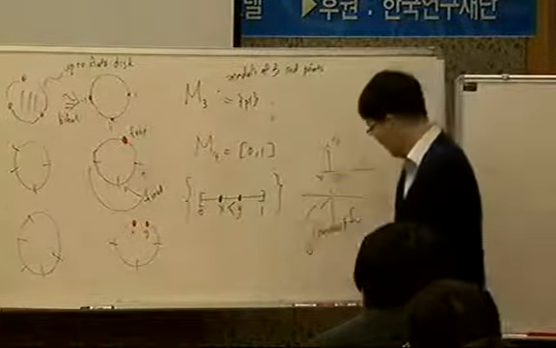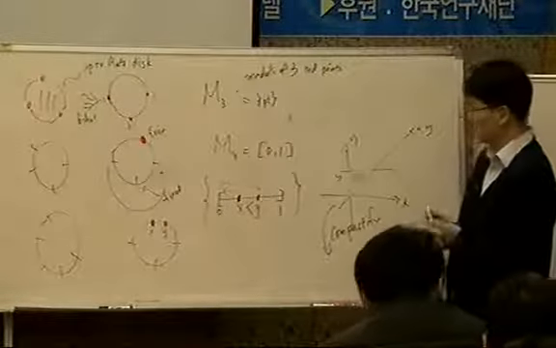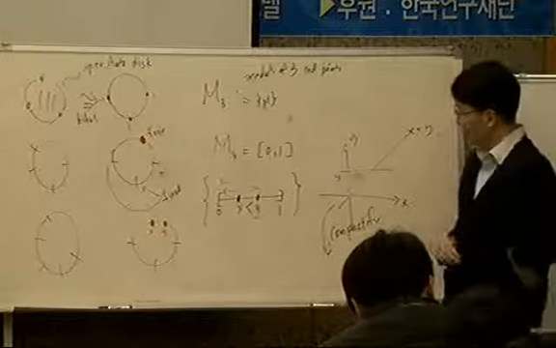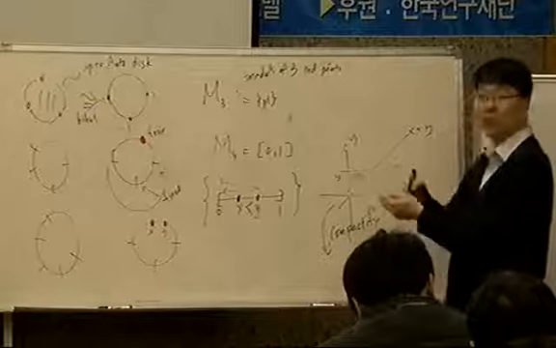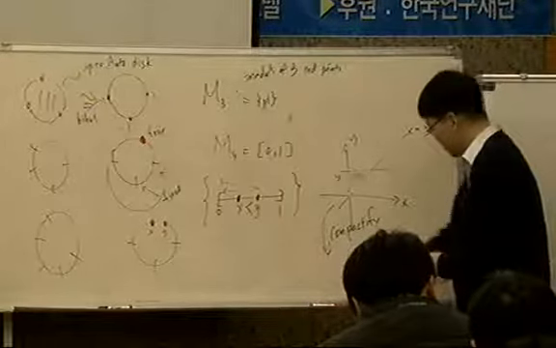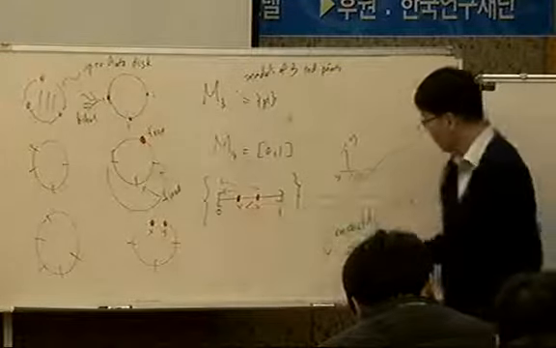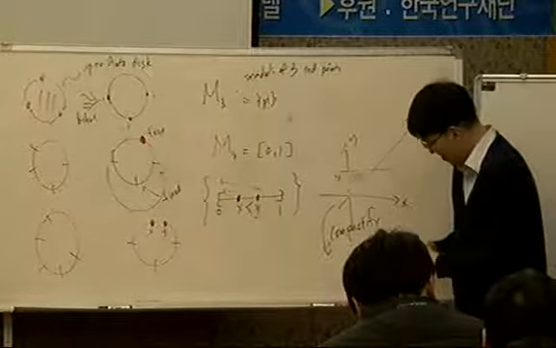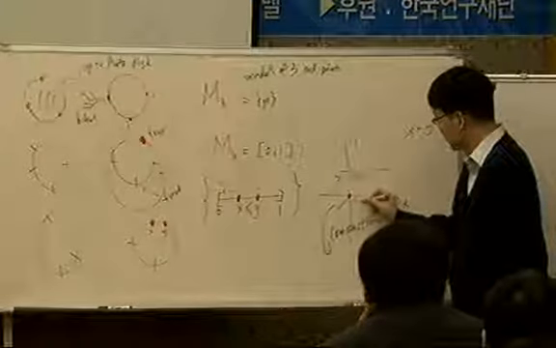So the relative speed is important. That's what Fulton and MacPherson studied to compactify, considering all these relative speeds. As X goes to 0 and Y goes to 0, they approach this point, 0, 0.